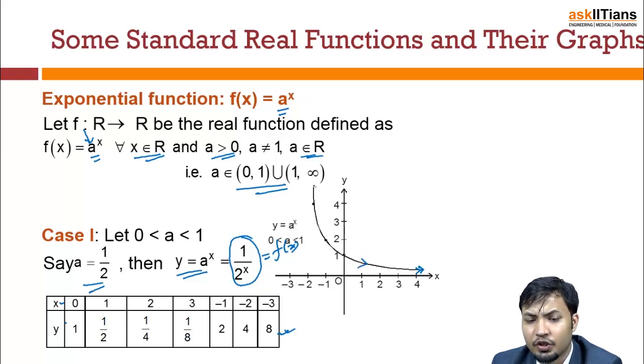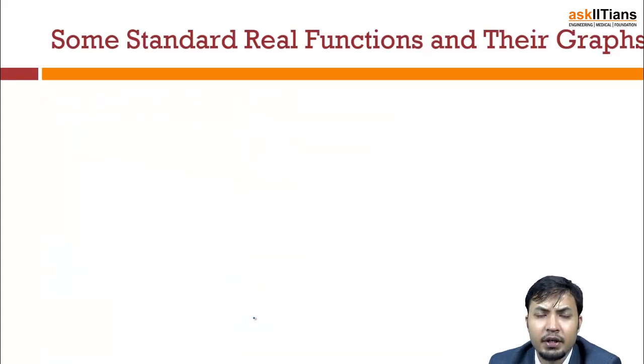For any exponential function, it will almost touch the x-axis, but it will never directly touch it. So it forms an asymptote. In this case it comes close to the x-axis over here, but it will not touch it. That is the important part of the exponential function.